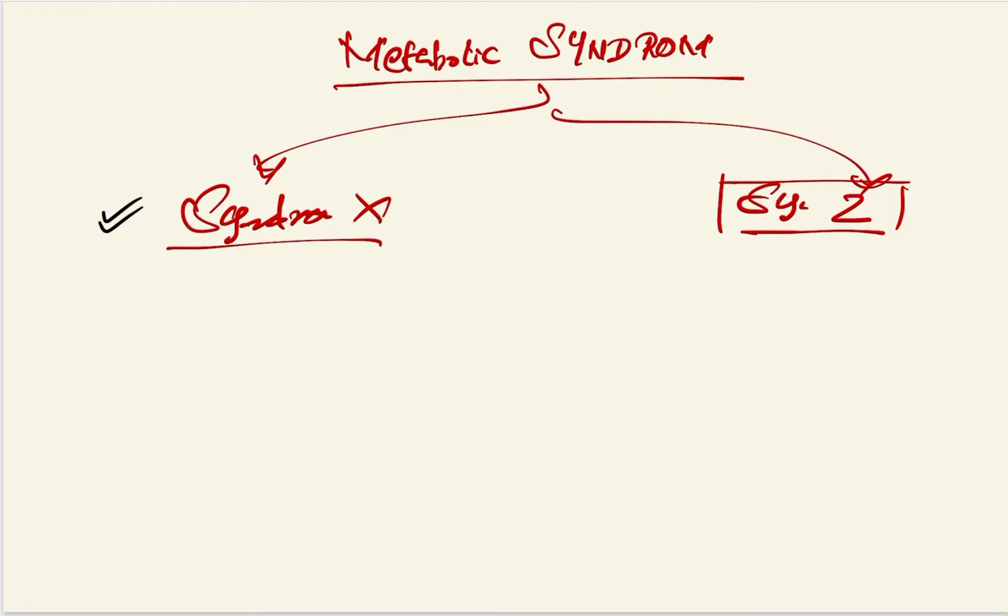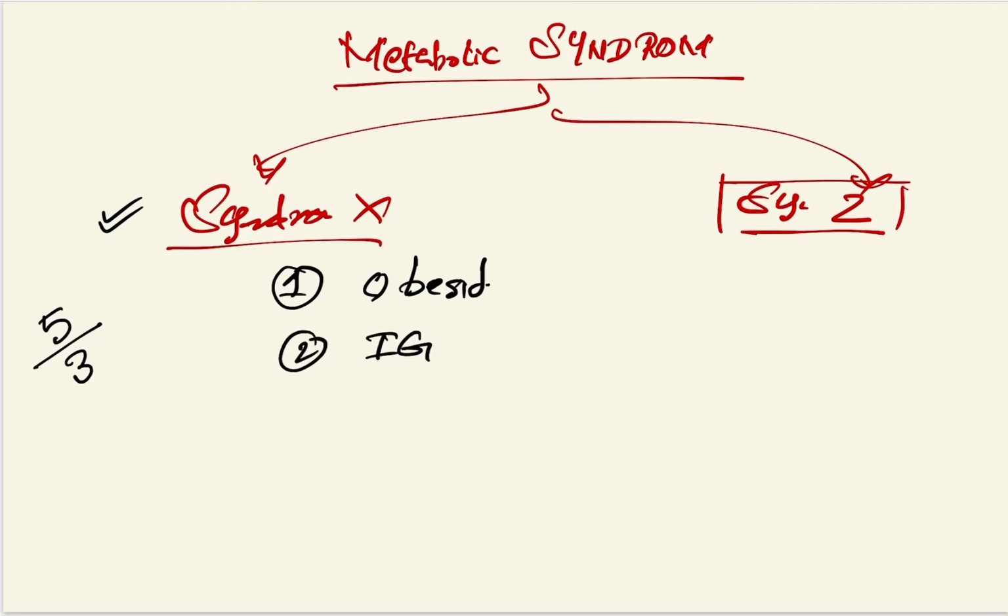There are certain criteria if we have to diagnose syndrome X. There are five criteria, out of which if three are present, then we can diagnose it as X syndrome. The first criterion is obesity. The second is impaired glucose tolerance.